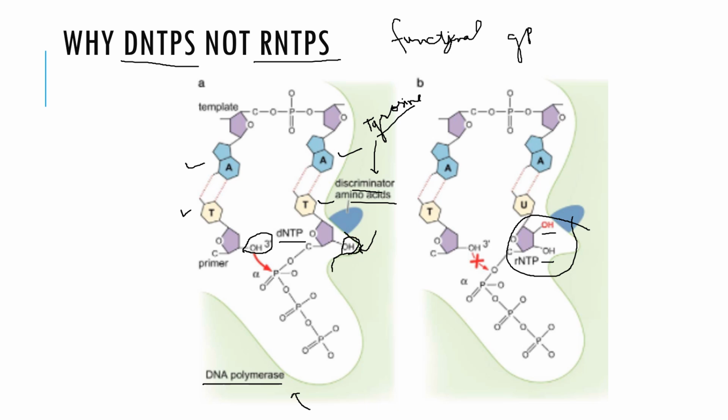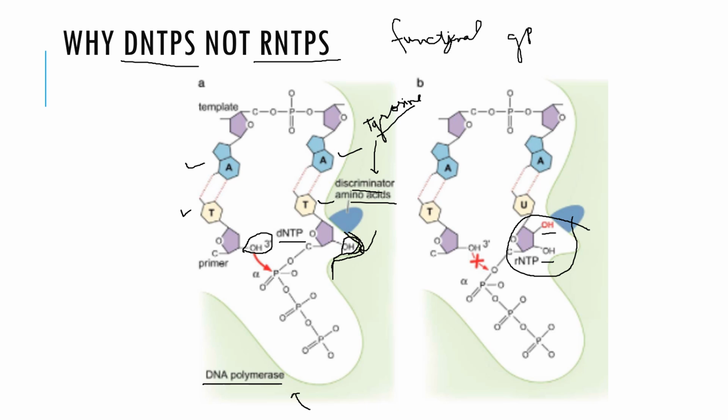Okay, so after the discrimination, that is the tyrosine recognizing the dNTP, tyrosine will fit the hydroxyl group of dNTP in this bulging, and after fitting here, as you can see here, their OH group is present.